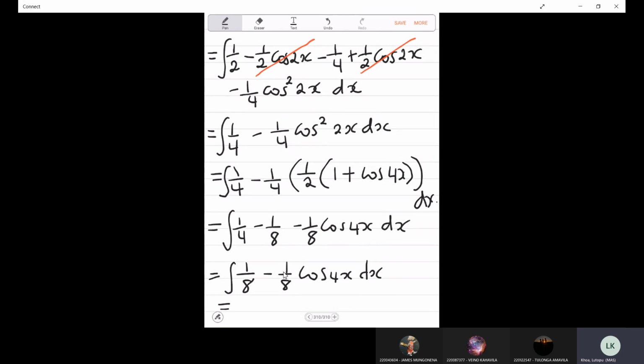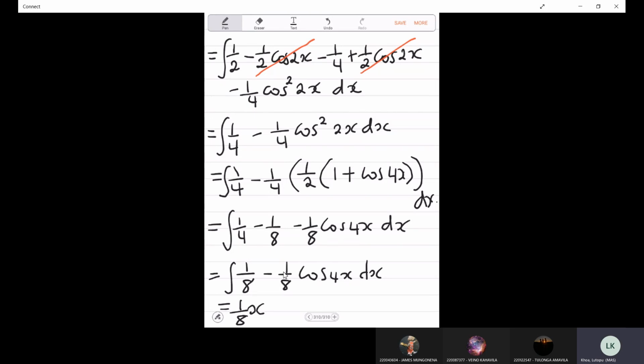The integral of a quarter is 1 over 8x. And then here we're integrating cos. Its integral is positive sine, and then we divide by the derivative of 4x, which is 4. So in our denominator, we'll have 32.